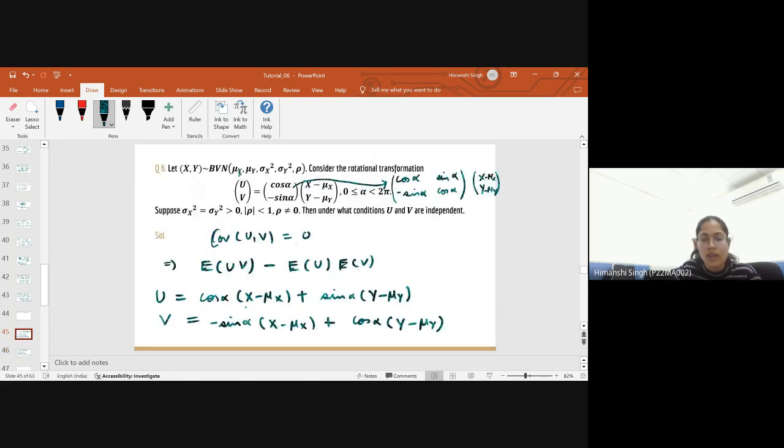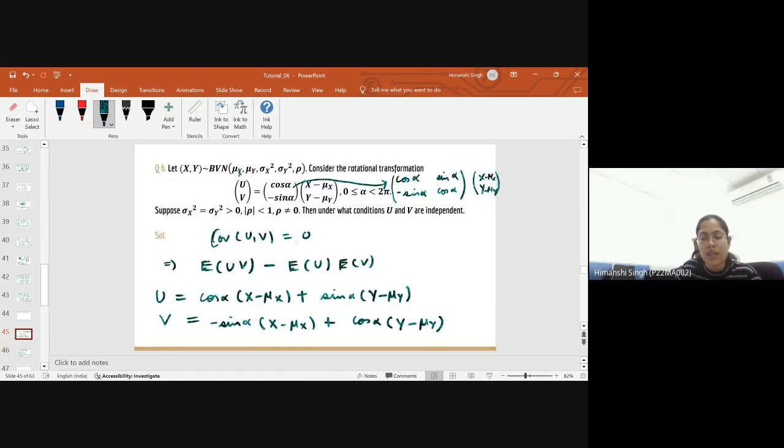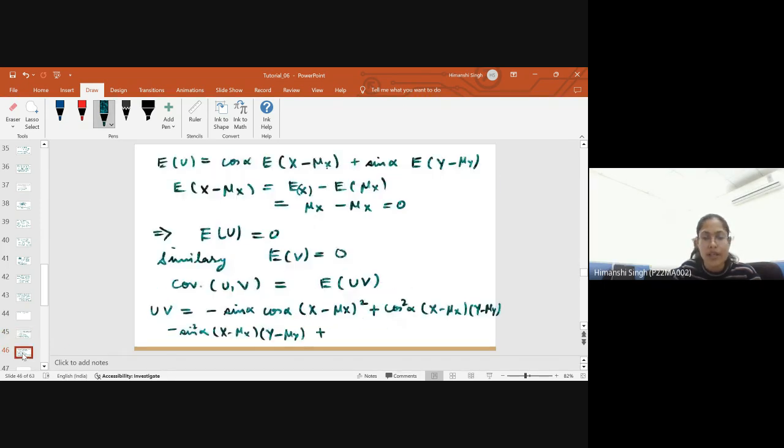Plus sin square alpha with a minus, and x minus mu x into y minus mu y. So we'll take it as minus here. So minus sin square alpha x minus mu x into y minus mu y plus, what is the next term? So it is multiplied. Now sin alpha cos alpha into y minus mu y whole square.